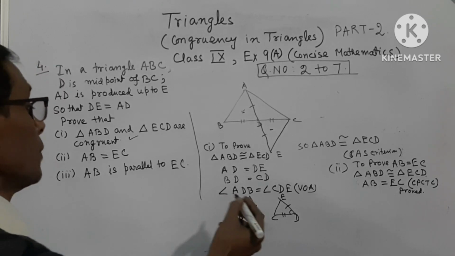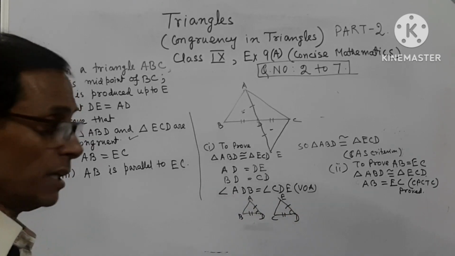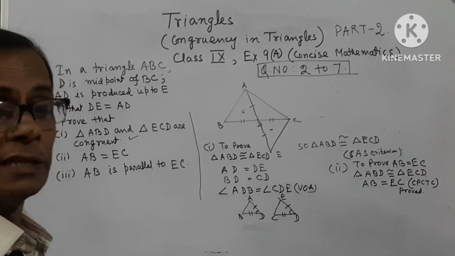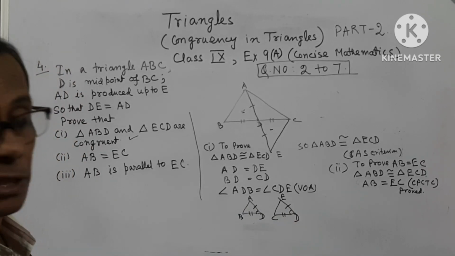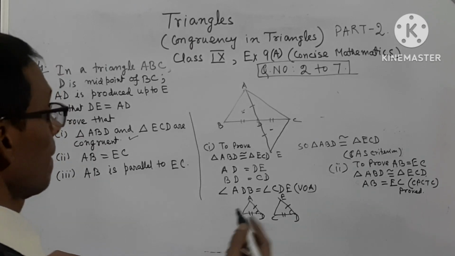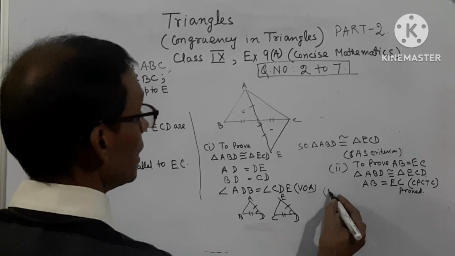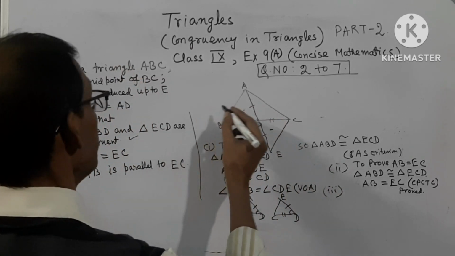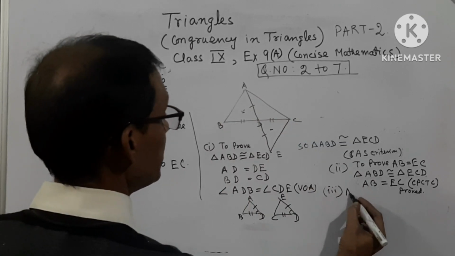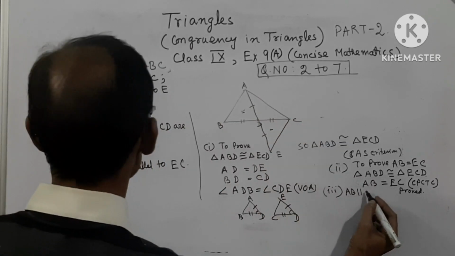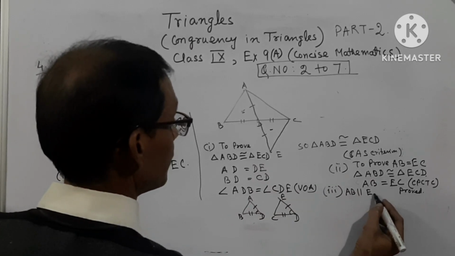Once you have proved the congruency, then any congruent parts you can tell that they are congruent or equal. Number 3. In number 3, you have to prove AB is parallel to CE or EC.